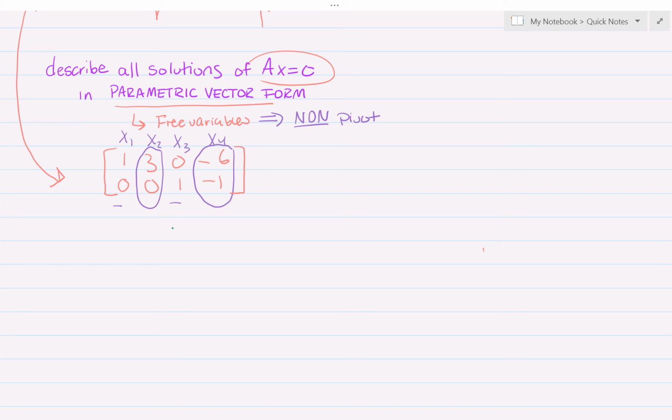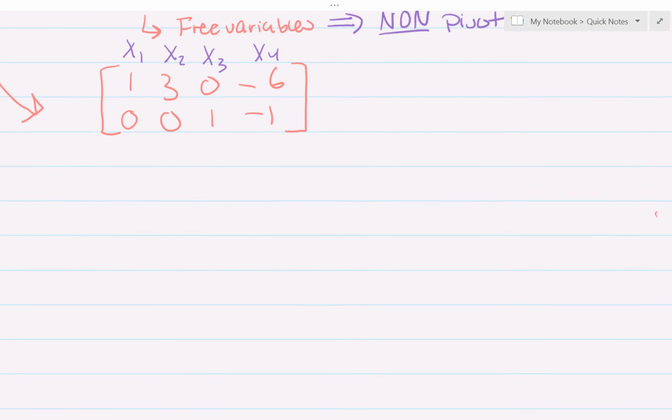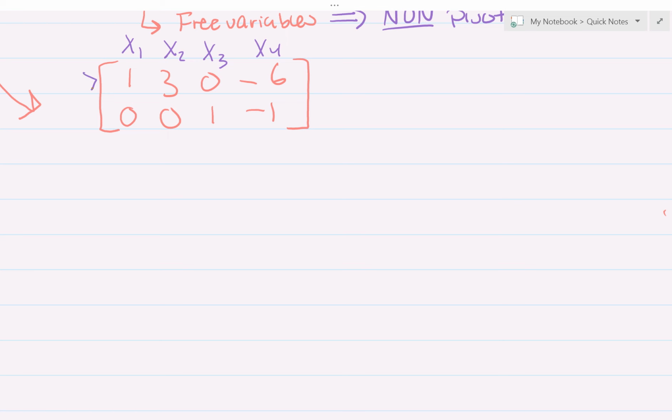And when we write our equation in terms of x2 and x4, all that means is that x2 and x4 are going to end up on the right side of the equation. Okay, so let's go ahead and do this. The first step is to look at each row and see what it's telling you.